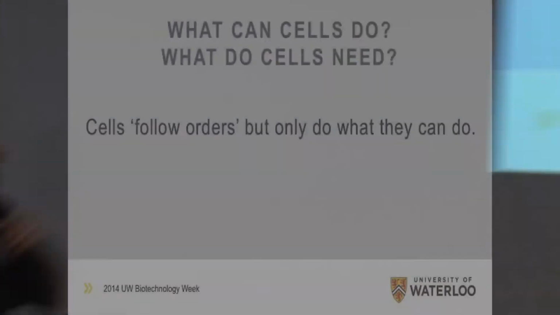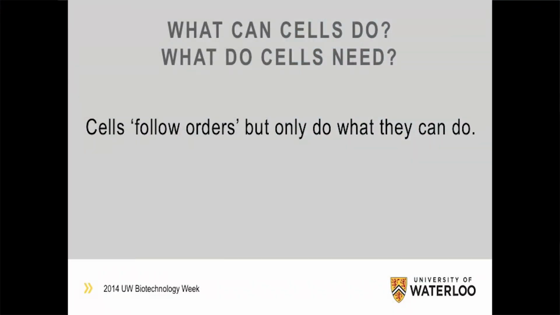So really, it can be summed up as simply as: what can cells do, and what do cells need, so that we can end up controlling them. We truly believe that cells follow orders, but they can only do what they can do. What I mean by that is, depending on what's at their disposal, they can do different things.